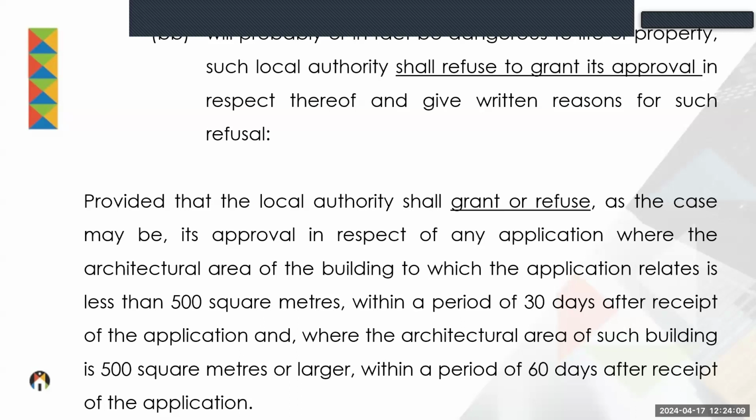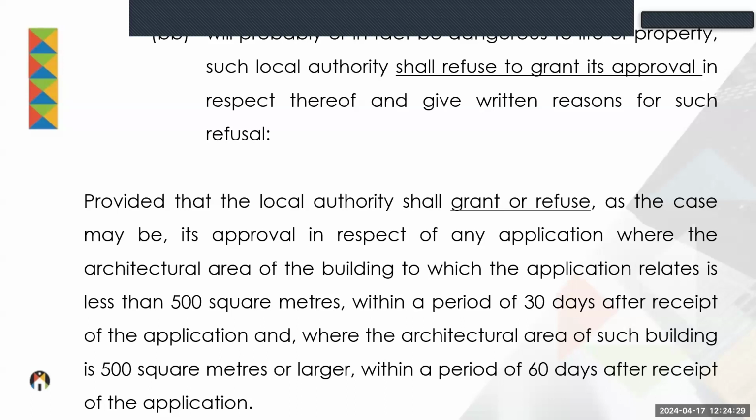Now, what is this 30 and 60 days? Is it calendar days? Is it weekdays? Is it business days? No. And pardon me, I forgot the specific name of the Act. But in law, it means Mondays to Saturdays, excluding Sundays and public holidays.